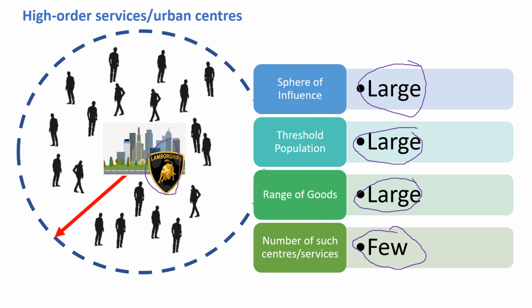The service that an expensive car dealership offers has a massive sphere of influence. People would come from all over to your business, which means that they would be located very far apart and there would be very few. So there are very few of these dealerships because they are supported by a very large number of people in this large threshold population.